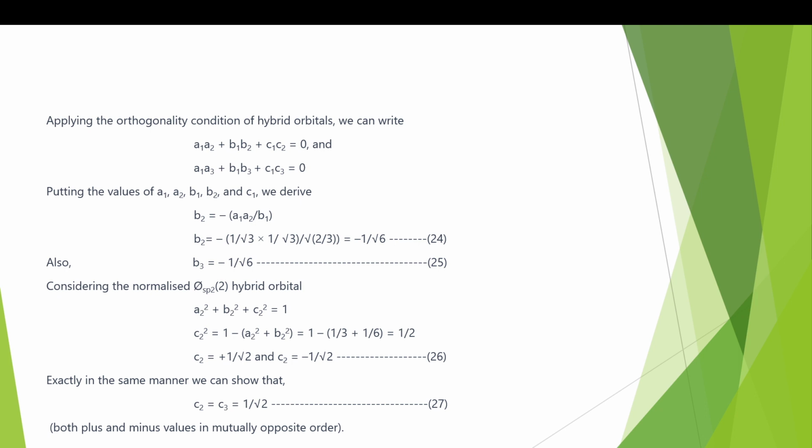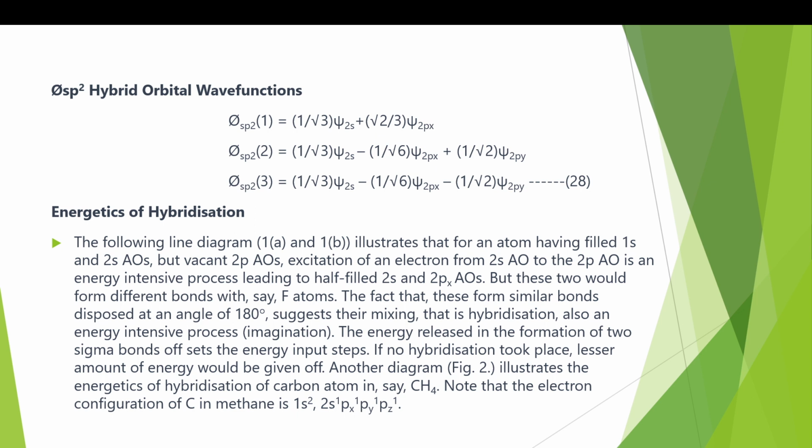Exactly in the same manner, we can show C3 is same as C2. Now we can write the wave functions for the three hybrid orbitals as equation 28, showing the contribution of each atomic orbital for the three hybrid orbitals.